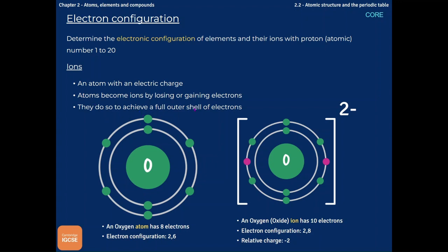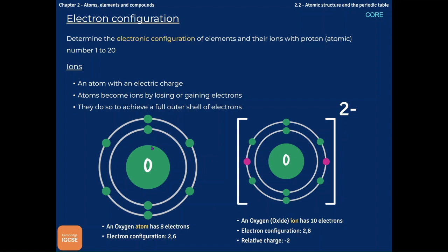And the reason they do this is to achieve a full outer shell of electrons. So right here, this is elemental oxygen. The atom has 8 electrons, but it could have 2 more in this outer shell. And it will ionize, it will take electrons from other places to fill up this shell, and become this -2 ion.